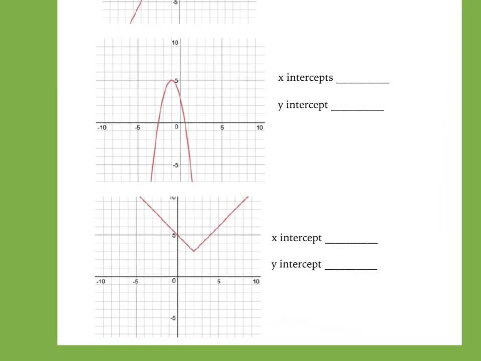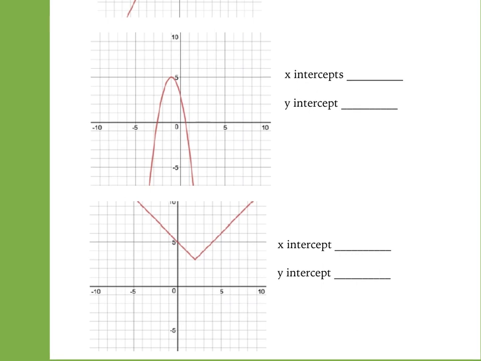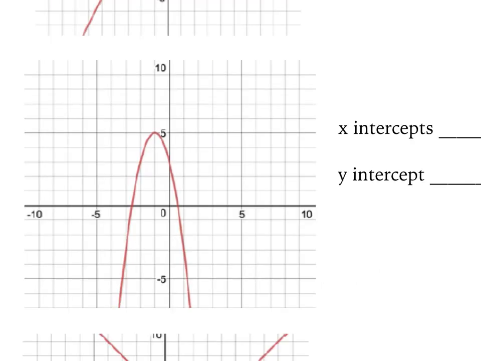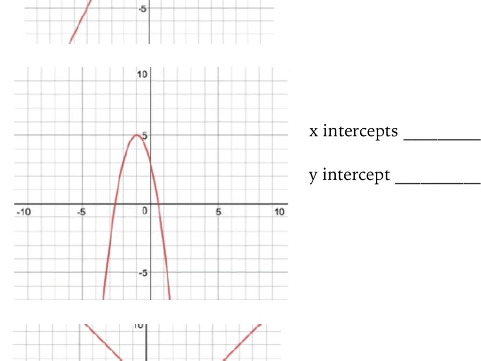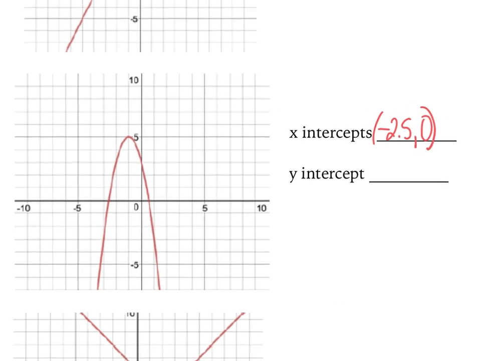Is it possible for a function to cross the x-axis twice? Yep, there's a hint. All right, x-intercept or x-intercepts. How many am I going to have? 2. It crosses that x-axis twice. What's the first point? Negative 2.5. That works. Negative 2.5, comma, 0.